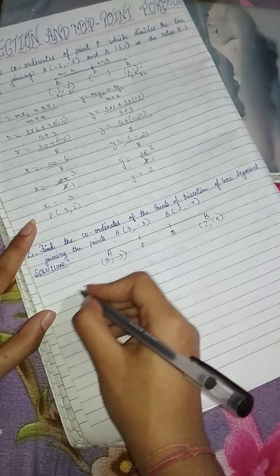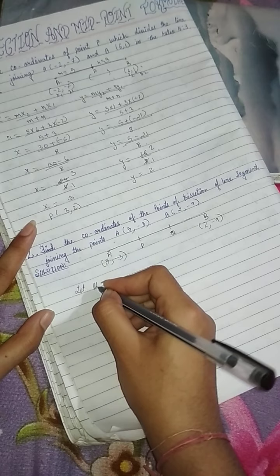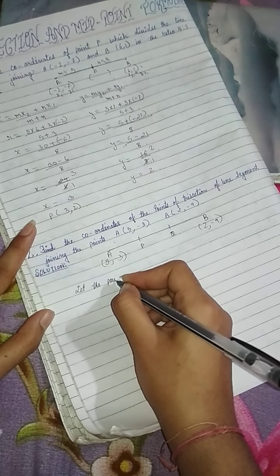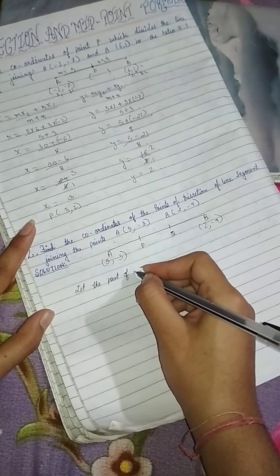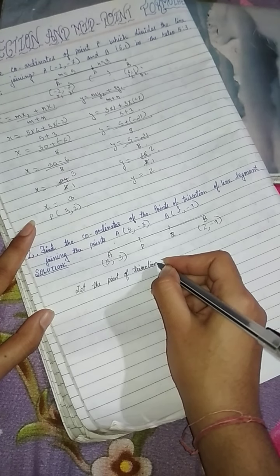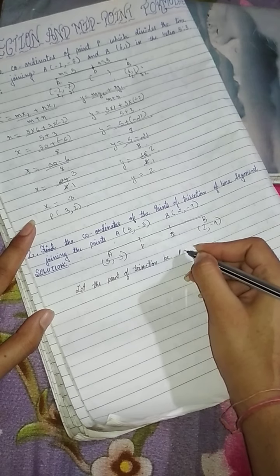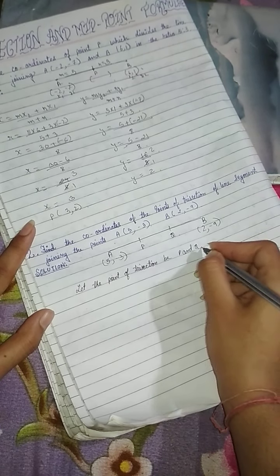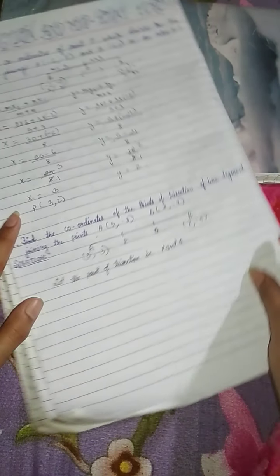Let the points of trisection be P and Q.